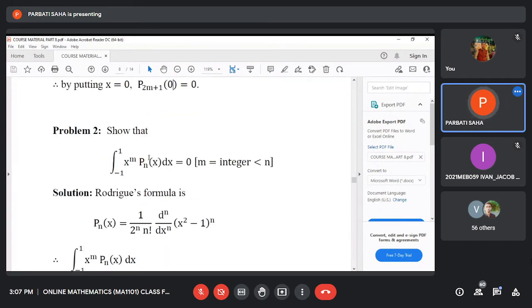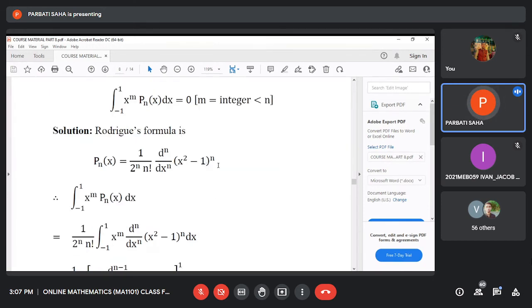You have to show that the integral from minus 1 to plus 1 of x to the power m P_n(x) dx equals 0, where m is an integer which is less than n. Here we can use this Rodrigues formula. Already it is observed.